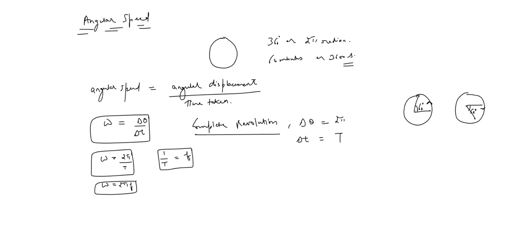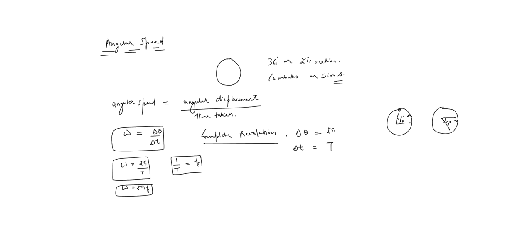The clothes are held in a cylinder, 1200 revolutions per minute. Per minute it is 1200. Per minute means 60 seconds. So in 1 second it will be 1200 by 60, that is 20. And frequency is the number of revolutions per second. So it will be 20 only.